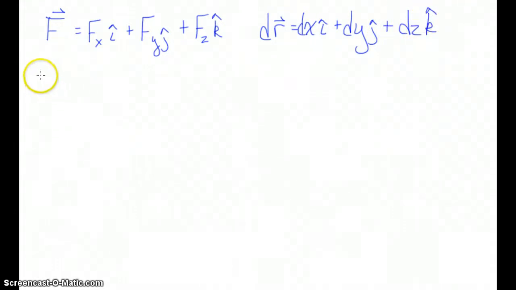What we end up with for the general work function for a three-dimensional force is the integral from our initial position to our final.